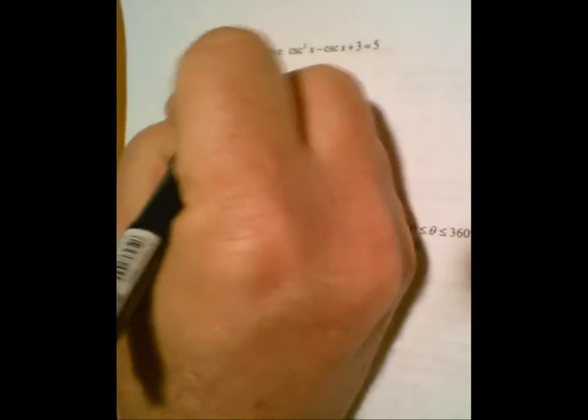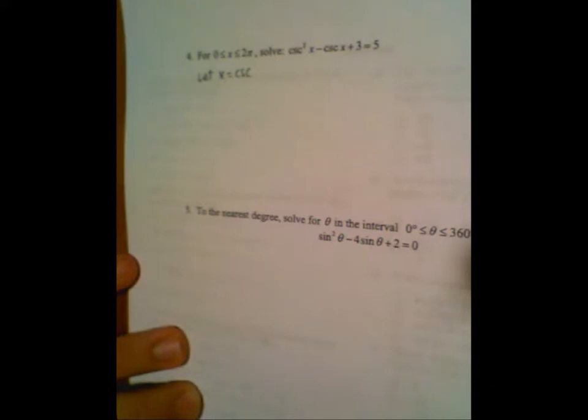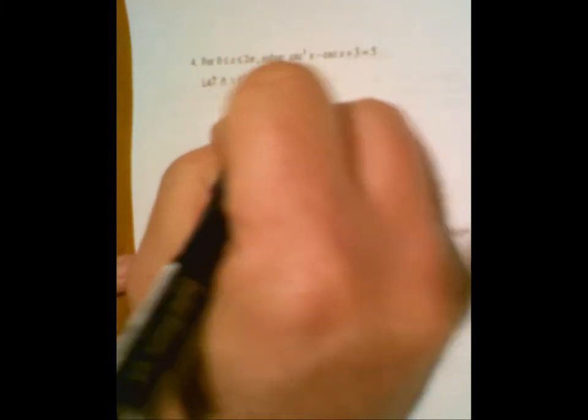Let x equal cosecant of theta. I don't like to use x when it already says x, so I'm going to change it to let n equal cosecant of x. So then I have n squared minus n plus 3 equals 5.